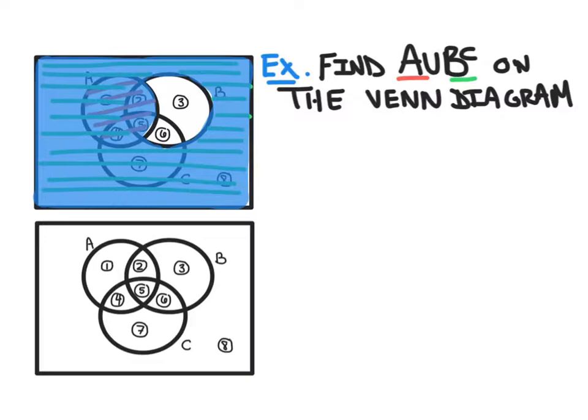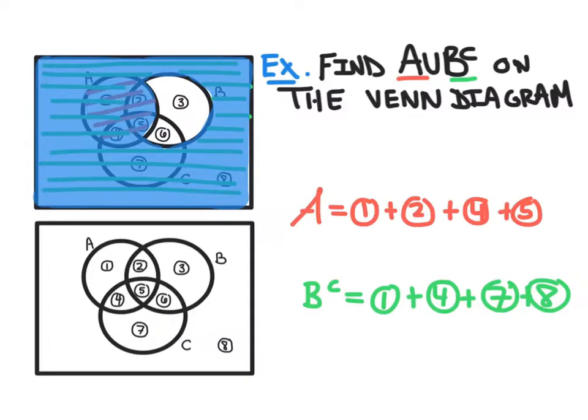Now, if we use the other approach, the other approach will be to list A and B's complement in terms of what they are with the numbers 1 through 8. So I'm going to do that here for us. So you'll see here, B's complement, for example, is all of the regions that are not in B. So here's B, this circle here. 1, 4, 7, and 8 are not in B, so that's why I've written that as I have.